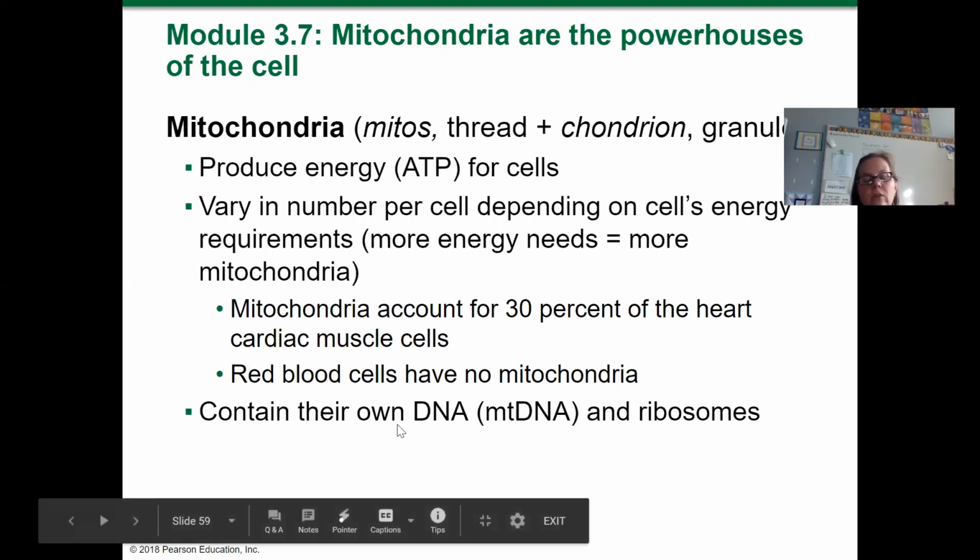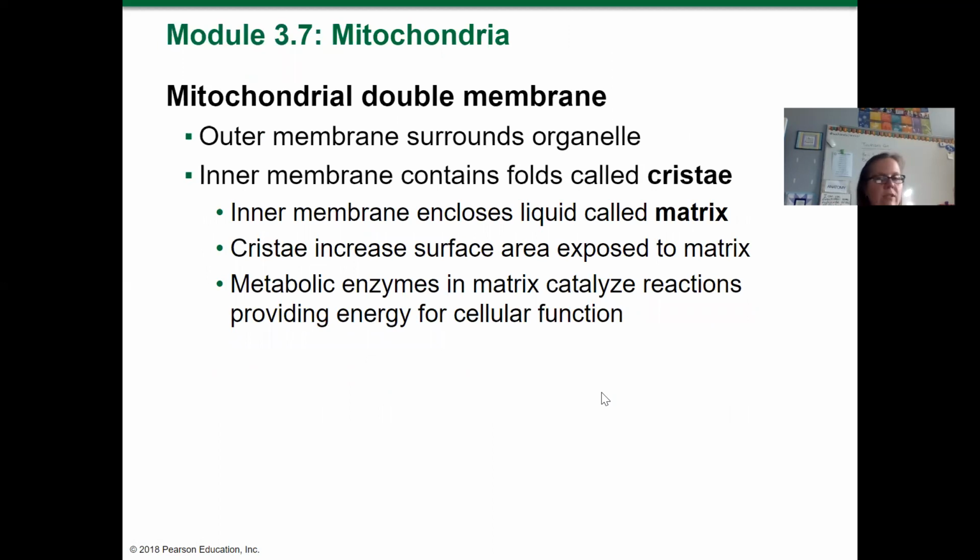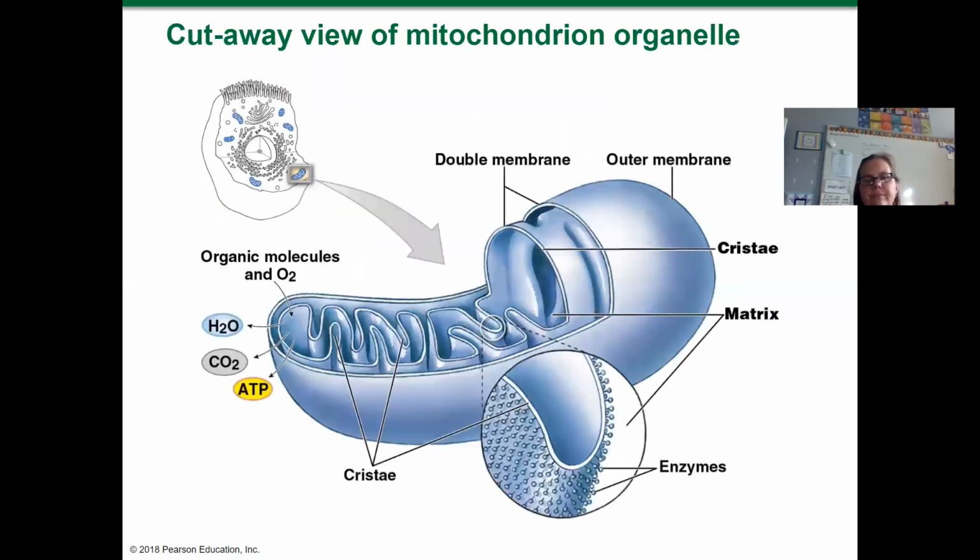They do contain a type of DNA called mitochondrial DNA. It is a double membrane, with an inner and outer membrane. The inner membrane folds, and the folds are called cristae. It encloses a liquid called the matrix. So certain parts of cell respiration occur in certain parts of the mitochondria. Here you see the cristae, which is the inner layer that folds, and here you see the matrix, which is inside.